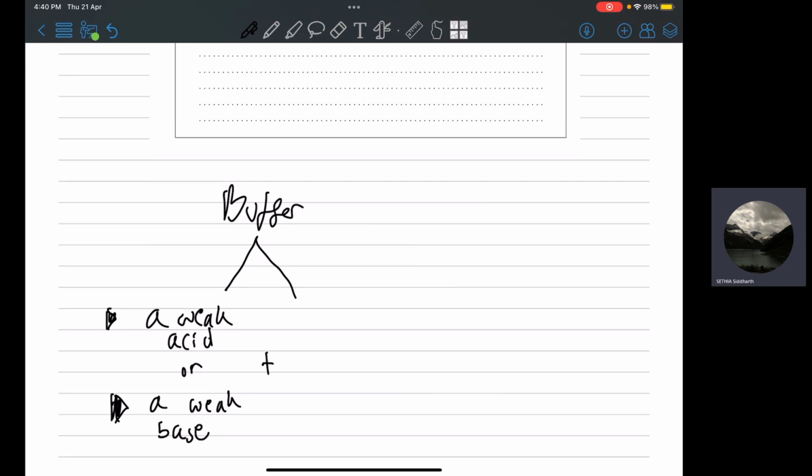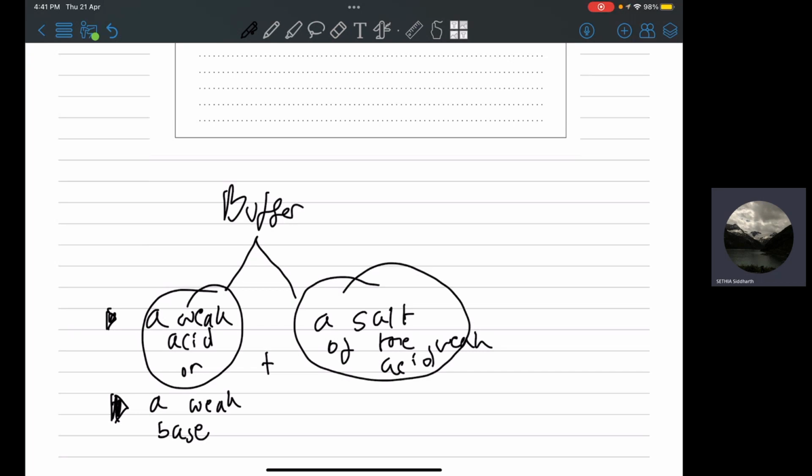Plus, in addition to this, a buffer also has to be made up of a salt of the weak acid. So it should be this and this, or it could be a weak base and a salt of a weak base.